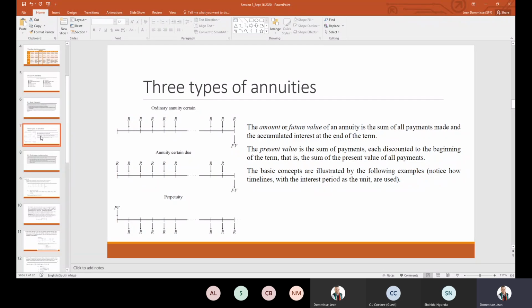The annuity due on the HP, you can use the ordinary annuity function, but then you need to add the first payment, or you can use the begin function on the HP. And then the perpetuity, you need to use the formula for that. I haven't seen on my calculator yet how to do it, so you need to use the formula.